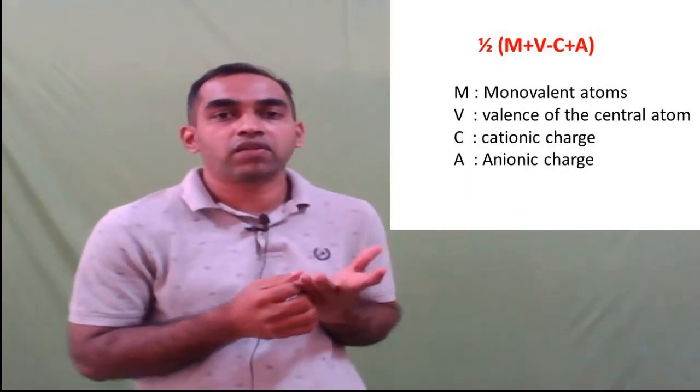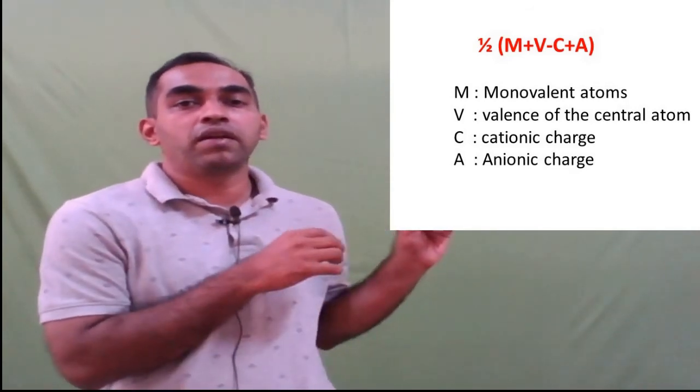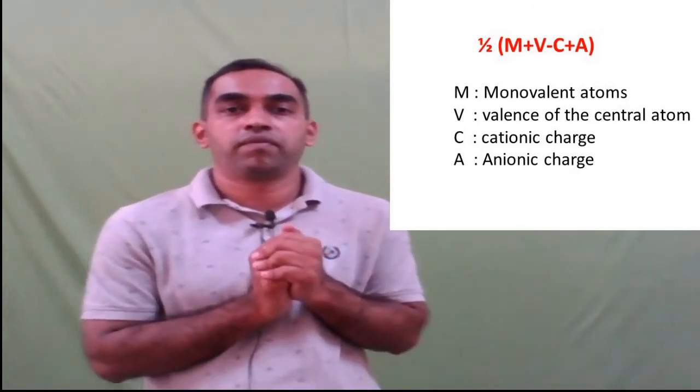Now I will suggest a simple solution for how to find the hybridization of a central atom, because sometimes it is very confusing, because in some competitive examination you can't just calculate the number of p electrons, s electrons, how they merged, how they overlap, all those things. So you can apply this simple formula, that is half into m plus v minus c plus a.